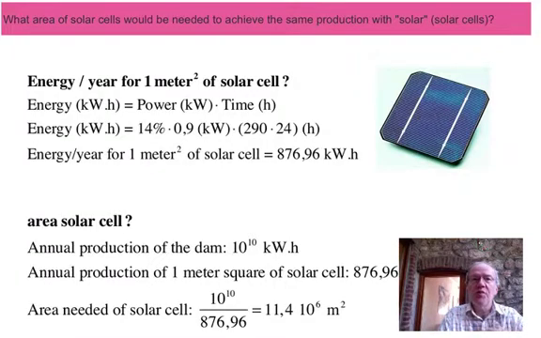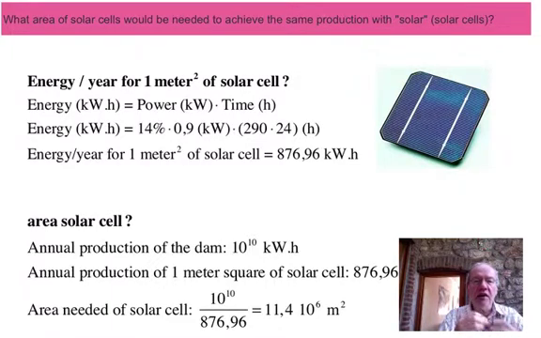To answer the first question, we want to replace the dam by solar cells. But which is the area we need of solar cells? To answer, we need to know how much electricity 1 meter square can produce in 1 year.